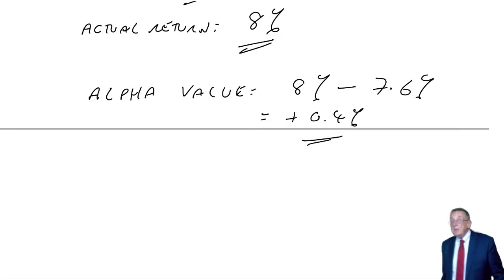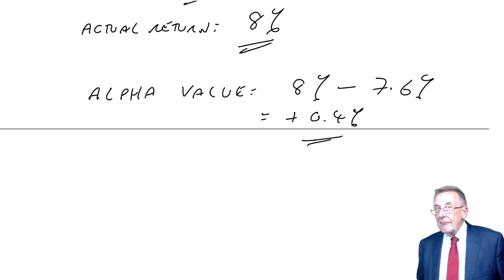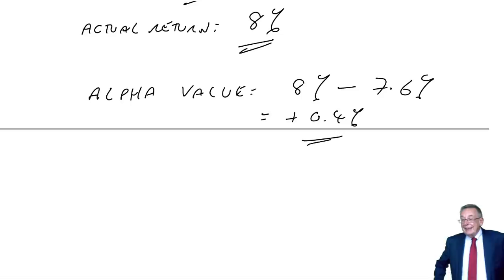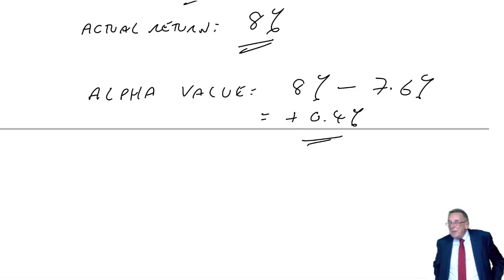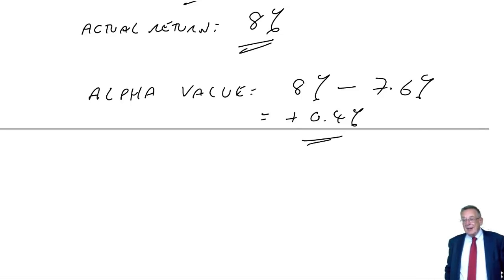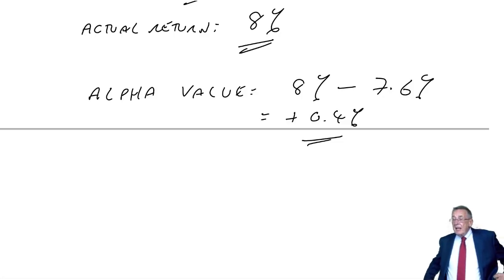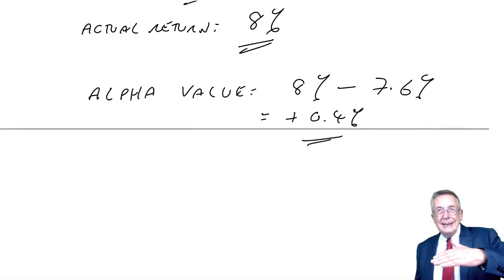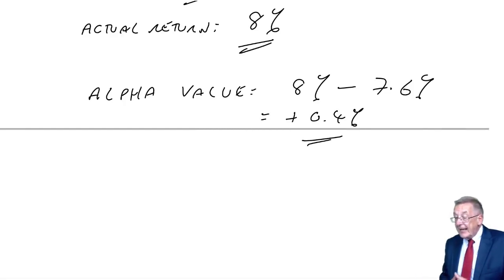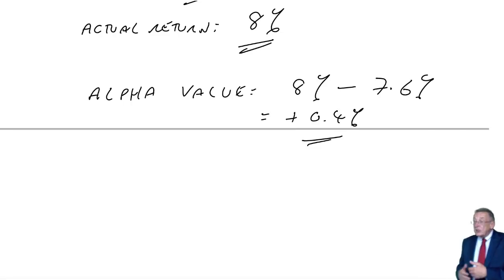Well, now would be the time to buy that share. Think about it. If it's giving more than it should be doing, we accept overall capital asset works. And remember, shareholders change the market value to get the return they want. Well, it's currently giving 8. That's going to change. It's going to fall because it should be giving 7.6.